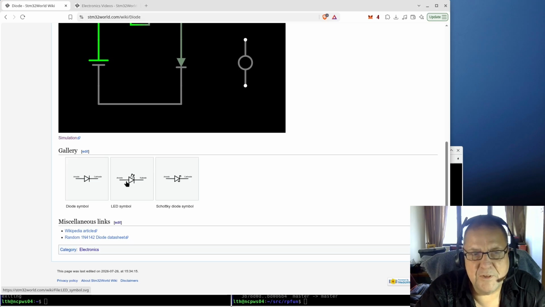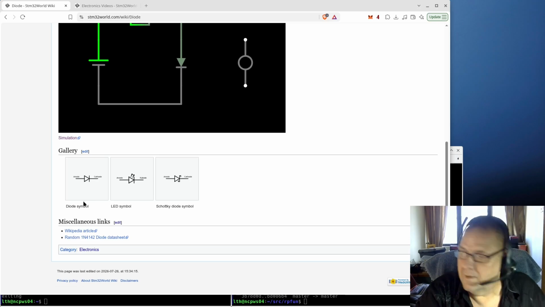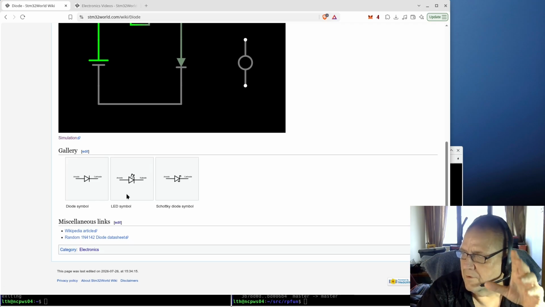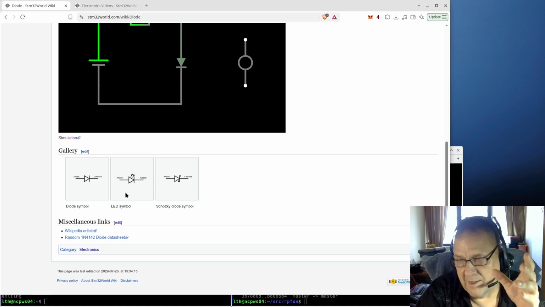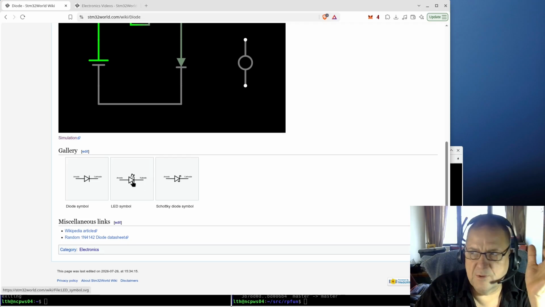The only difference between one of those and a typical small diode is that the voltage drop across it is higher, and that actually depends on the color. You have red diodes which have a certain voltage drop, you have green ones, and you have blue ones. Blue ones or white ones typically have the highest voltage drop, and it can be in the order of more than 2 volt.